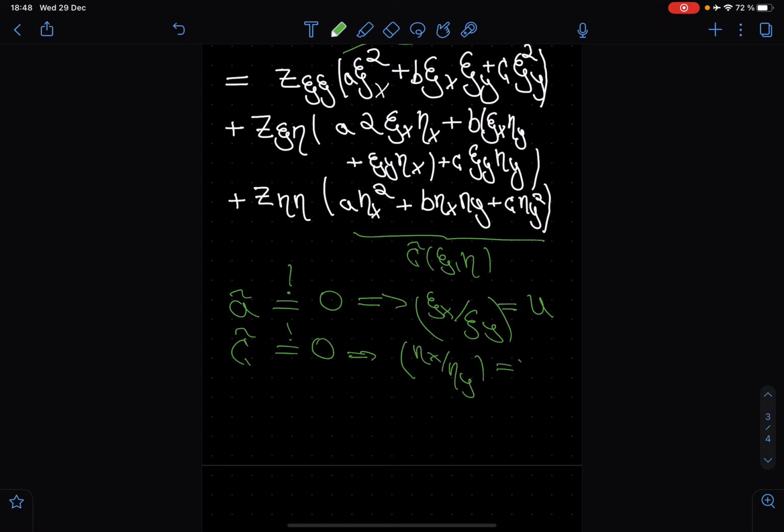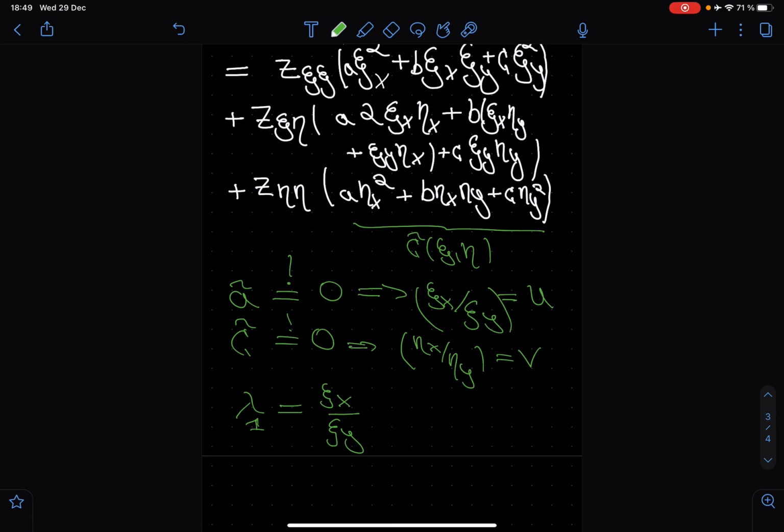With this substitution, you see that it's actually the same function. So lambda 1 will equal our u, or lambda 2 will equal our u.